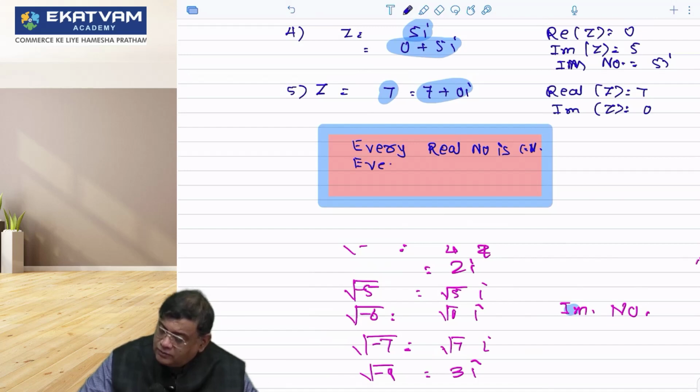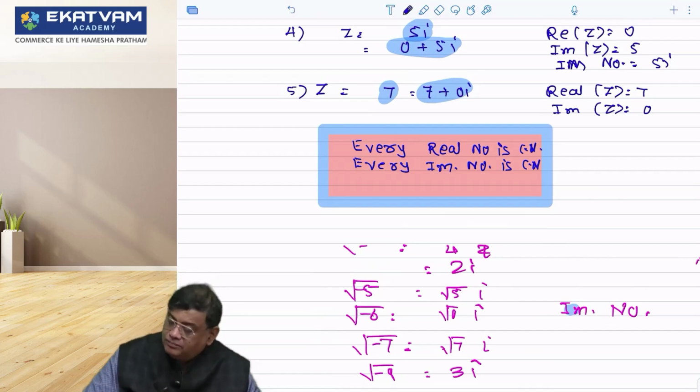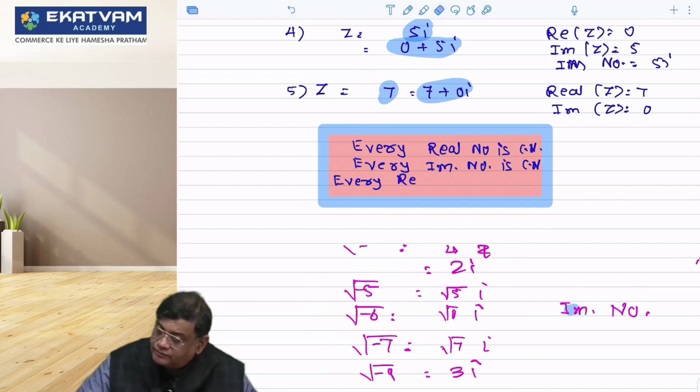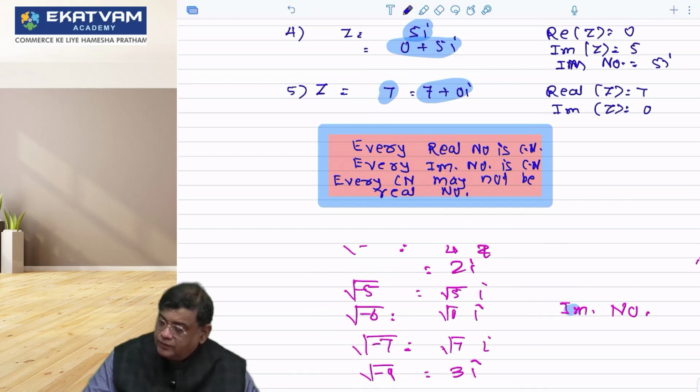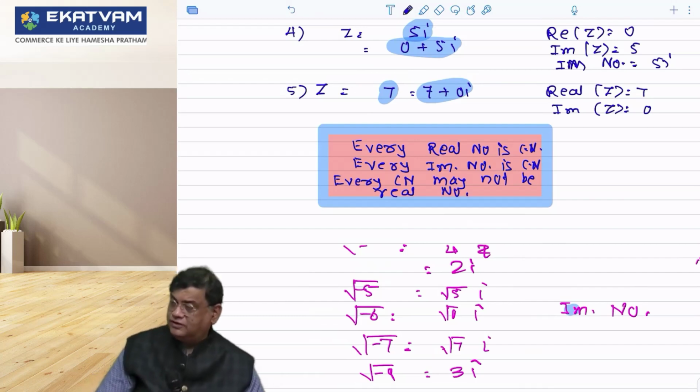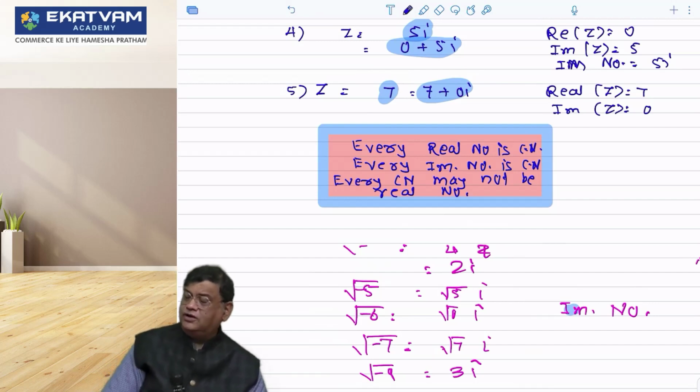Every imaginary number is a complex number. But every complex number may not be a real number. It cannot even be an imaginary number, not necessarily. It may be, but there is a possibility that it is not.